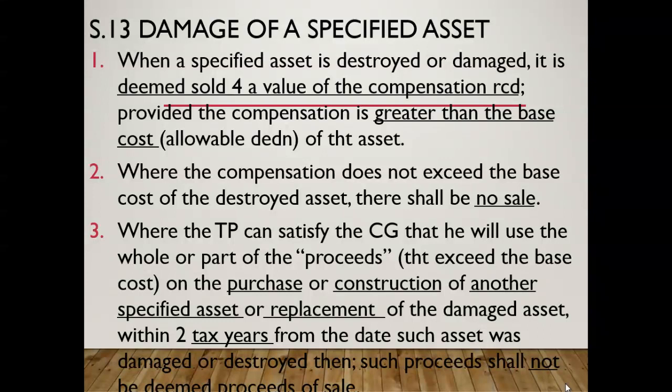Sometimes you say, okay, my asset was damaged and I got this insurance, but I'm going to use this money to acquire another asset or to construct or to replace the asset within the next 2 years from the date when the asset was destroyed. Then we say they shall not be deemed proceeds. Then we don't have any deemed proceeds there.